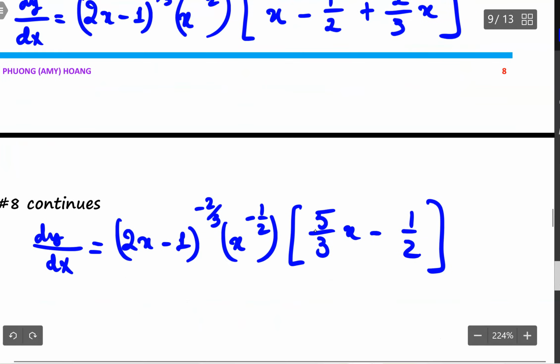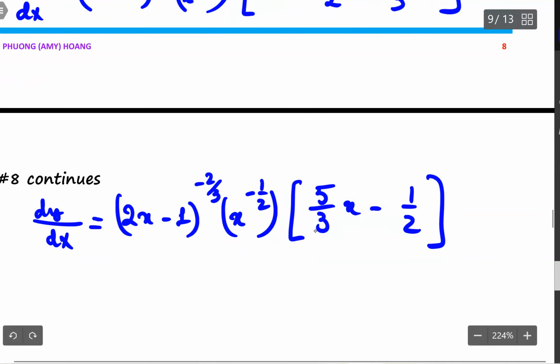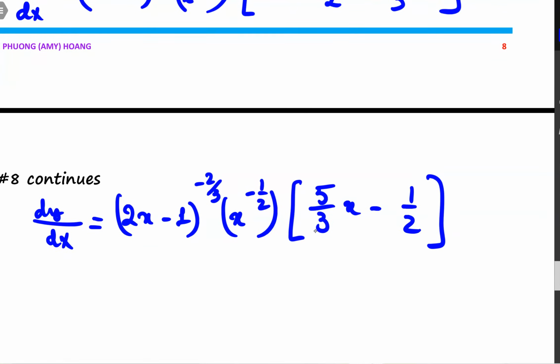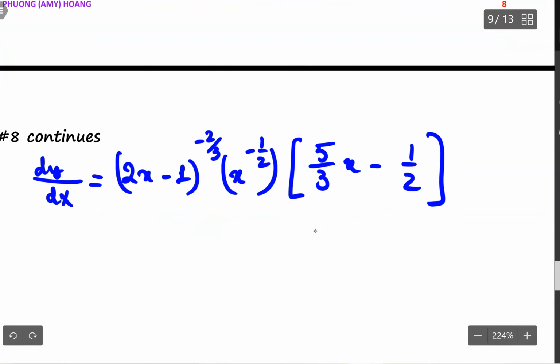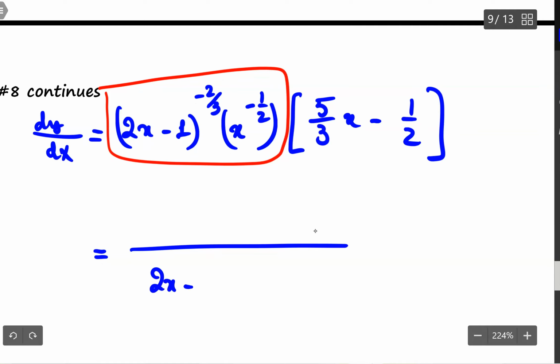Let me show everyone how to simplify all of this. What you can do in this case is bring these negative exponents down to the denominator. I should have 2x minus 1, all of it to the 2/3, and x to the 1/2.